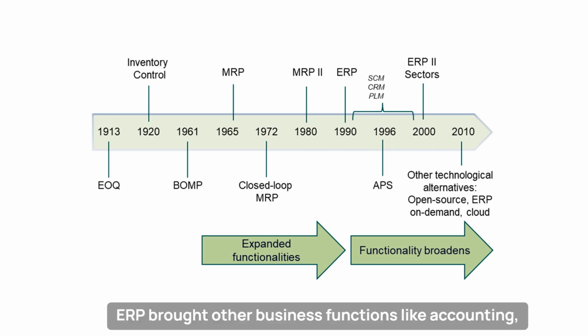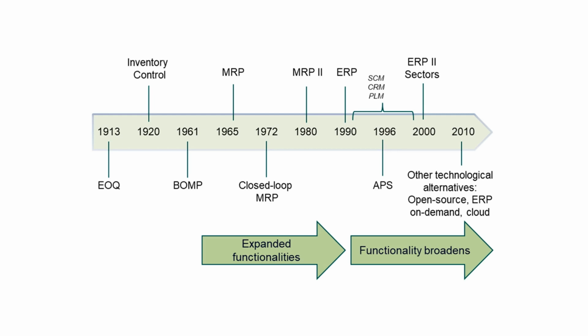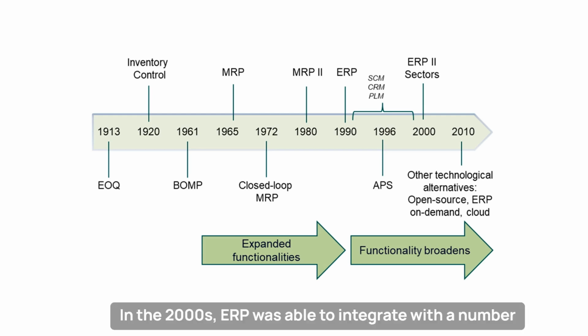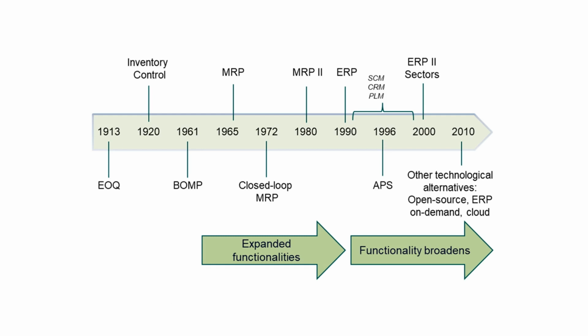ERP brought other business functions like accounting, sales, engineering, and HR to serve as a single source of accurate data for all employees. In the 2000s, ERP was able to integrate with a number of different software, including front office applications like CRM, BPM, SRM, etc.